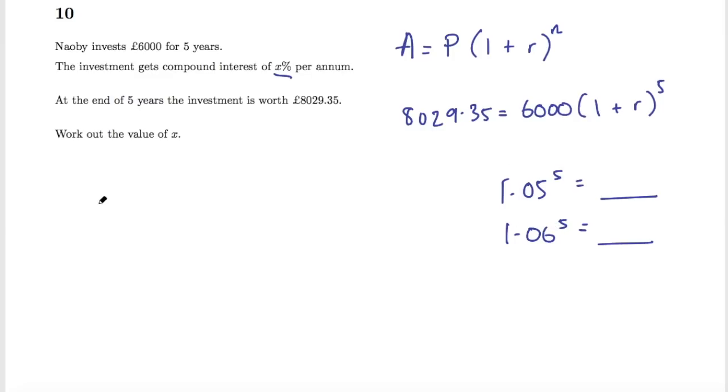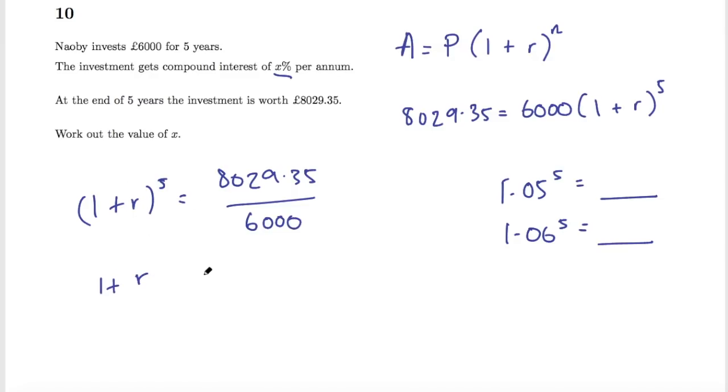So if we rearrange that formula, we get 1 plus R to the power of 5 equals 8,029.35 over 6,000. And then we can do the fifth root of what we get here.